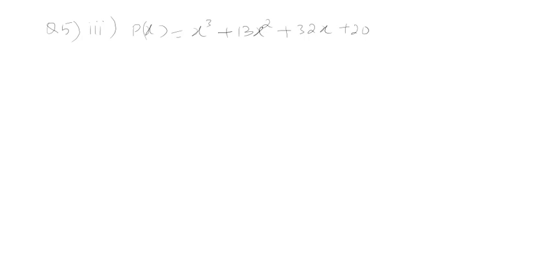Now what we will do, we'll find one 0 of this polynomial by hit and trial method. So for the hit and trial method, we'll take all the factors of this 20. So the factors of 20, I'll write 1 is also a factor, 2 is also a factor, then 4, 5, 10, 20.